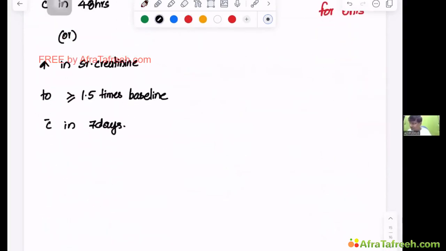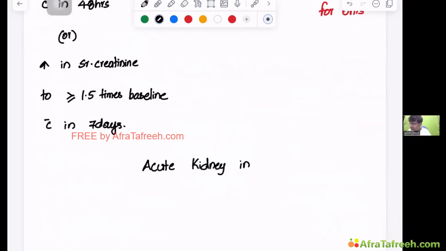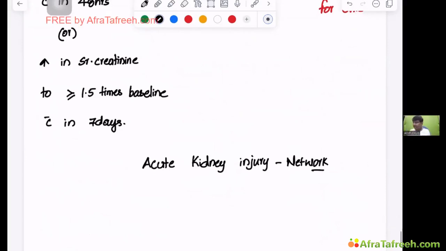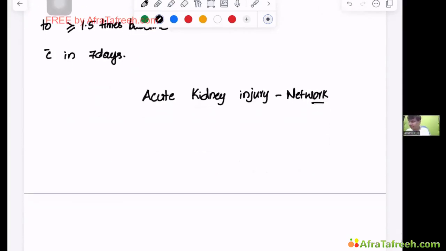According to the acute kidney injury network criteria, just 1 minute. Right, according to this criteria, we have a total of 3 stages.